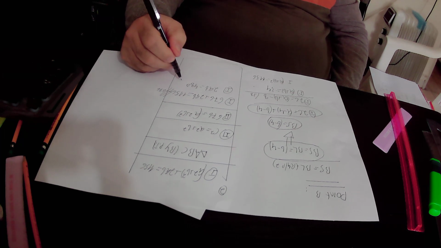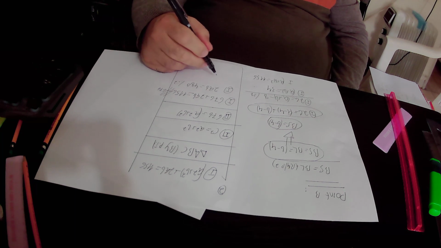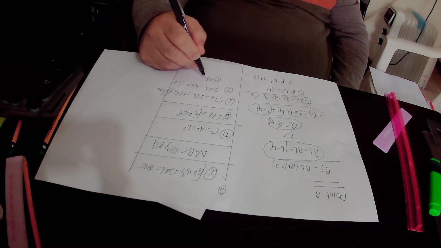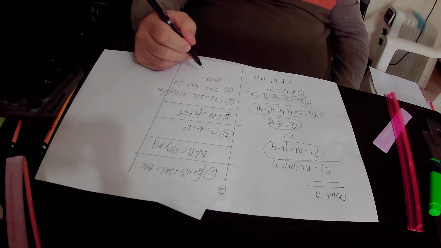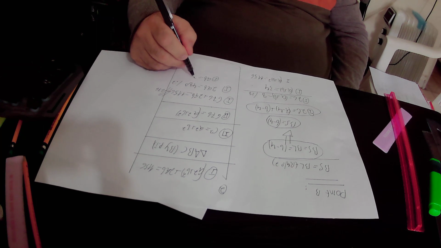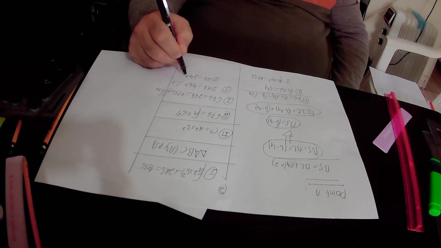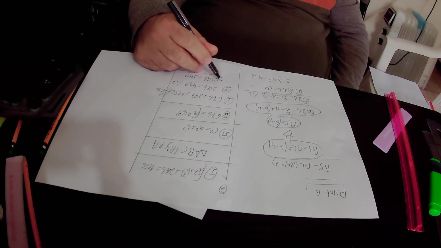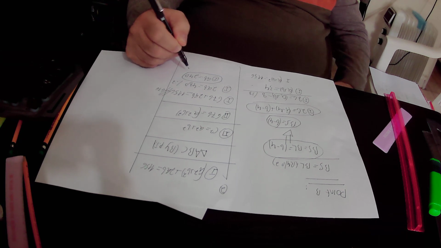Here we divide this equation number 1 by 2, and we get that 2 times AB over 2 is AB. AB equals 480 over 2, which is 240. So we found out that according to equation number 1, AB equals 240.